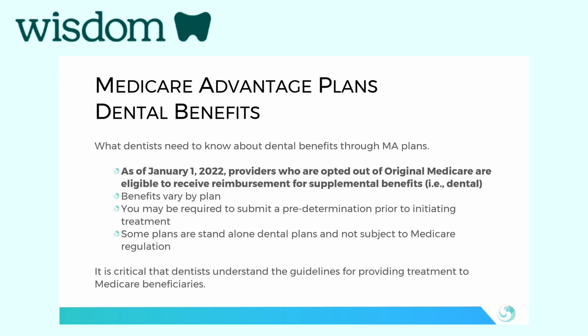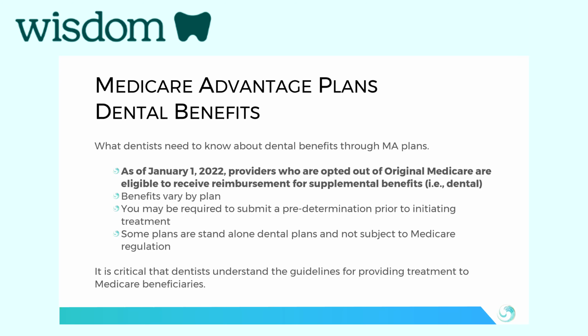One such requirement that you may or may not be aware of is that some of these payers, in order to receive reimbursement for the supplemental dental benefits offered under the Advantage plan, may require you to submit a predetermination, especially for the basic and major services. You need to know what that requirement is, because sometimes if you don't follow that requirement, you can't be paid for that service.